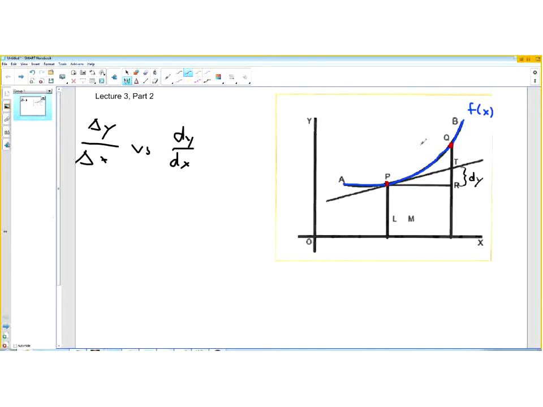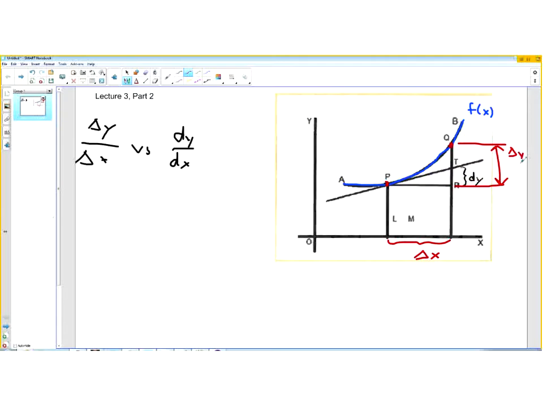Okay, so delta y over delta x would essentially be the change in the x values, the distance between the abscissa of Q and the abscissa of P. So we call this delta x, and then delta y would be the change in the ordinates of Q and P. So this distance right here is delta y.